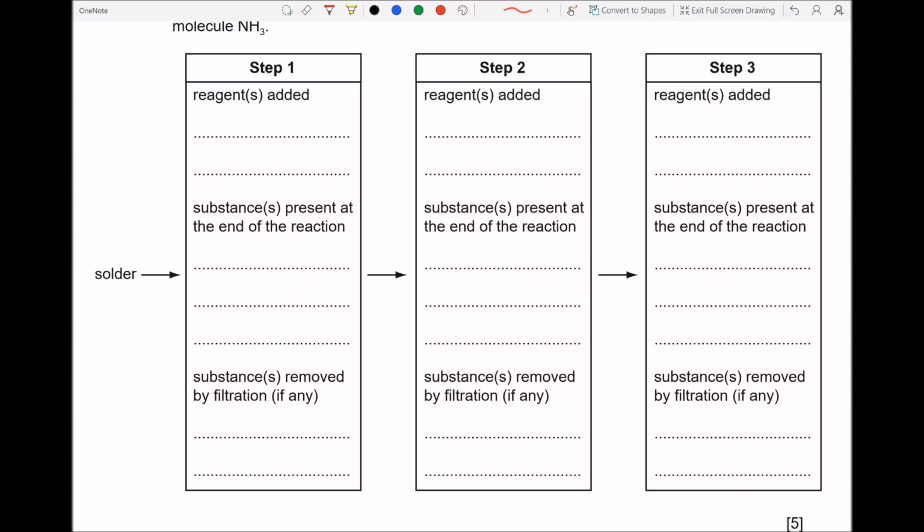When we react these together, what we can do is add sulfuric acid, because if we add sulfuric acid to this alloy, 2 of the metals will dissolve and form a soluble solution of zinc sulfate and aluminium sulfate. Both of them are soluble, so you do need to know that. Copper isn't soluble unless you're using heat and concentrated sulfuric acid.